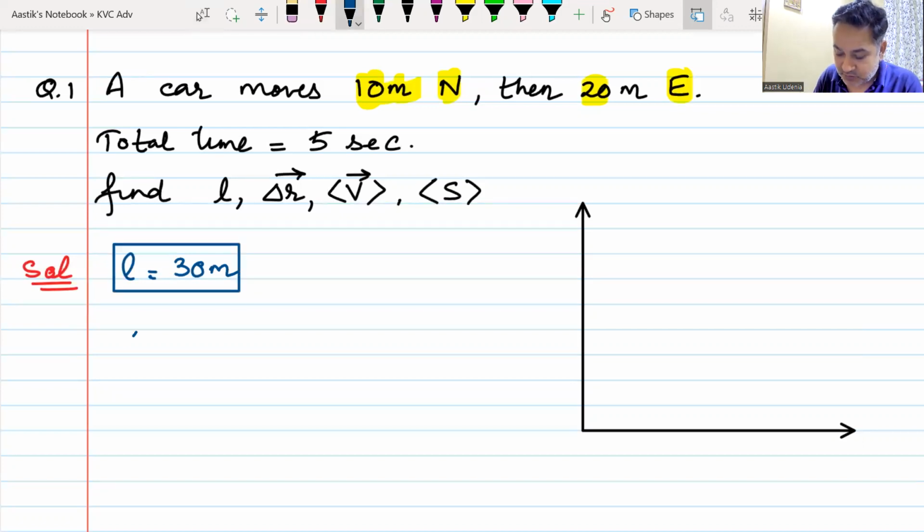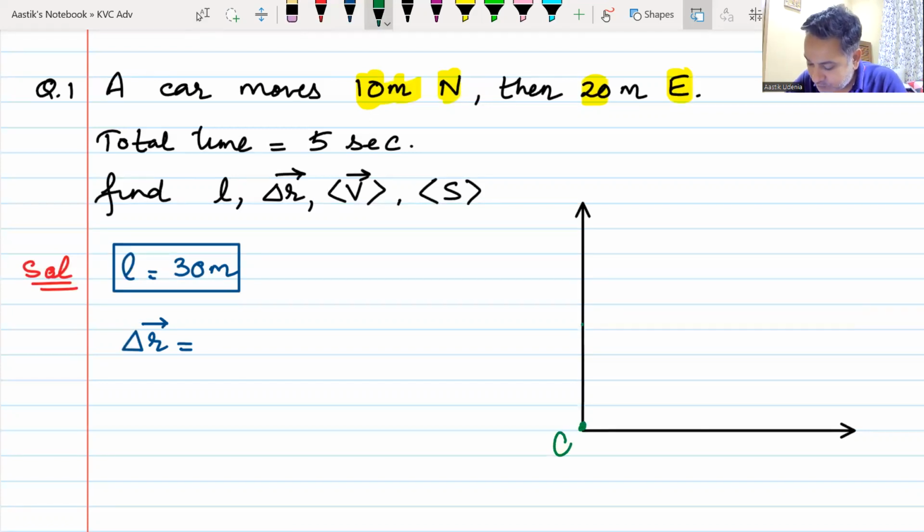Then let us talk about the displacement. Remember, displacement has two things, magnitude and direction. So what is the magnitude of displacement? 10 root 5. Okay, let me draw it.